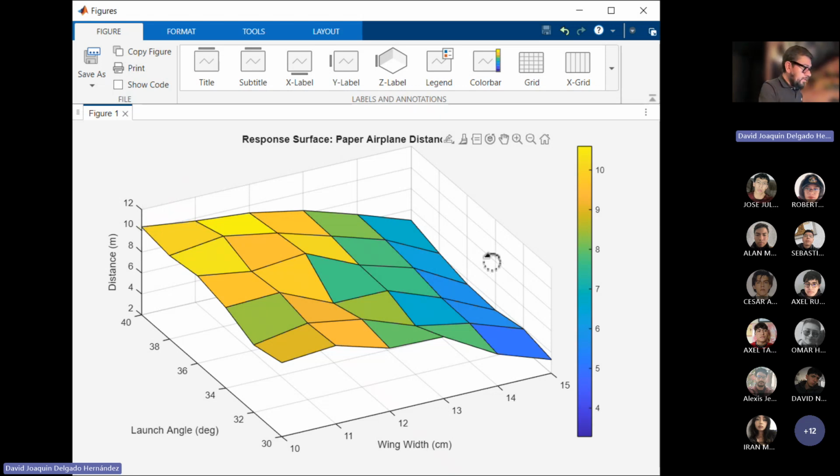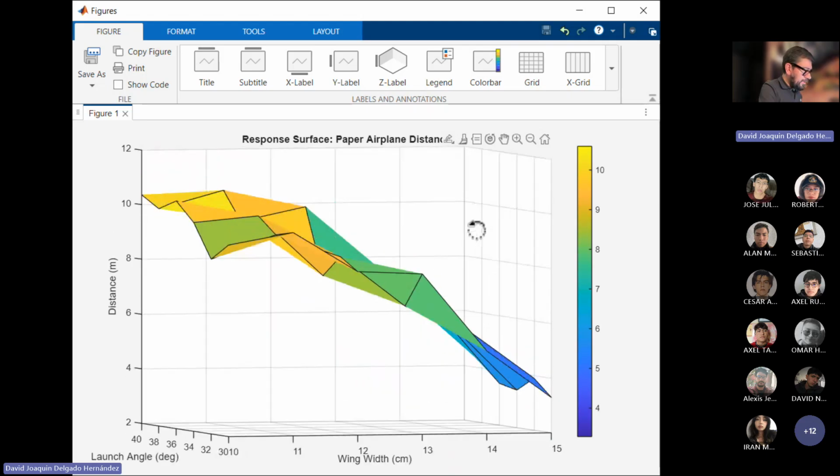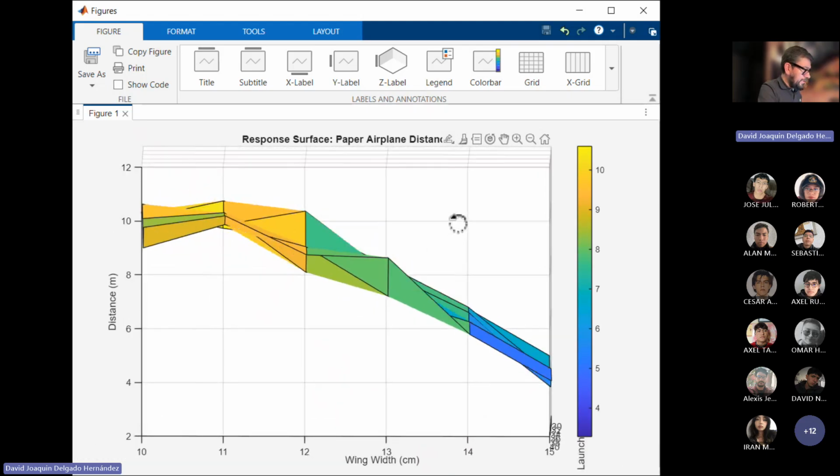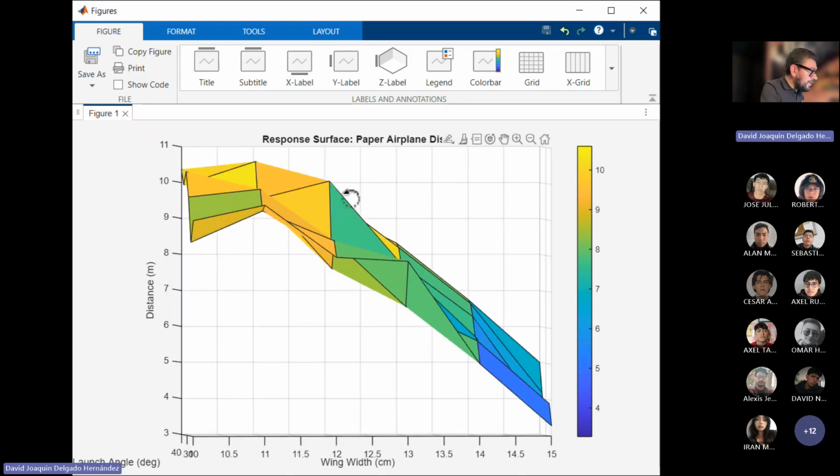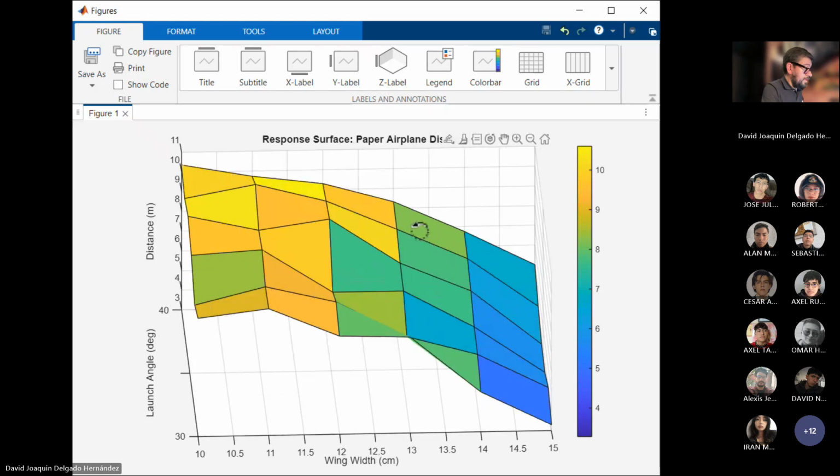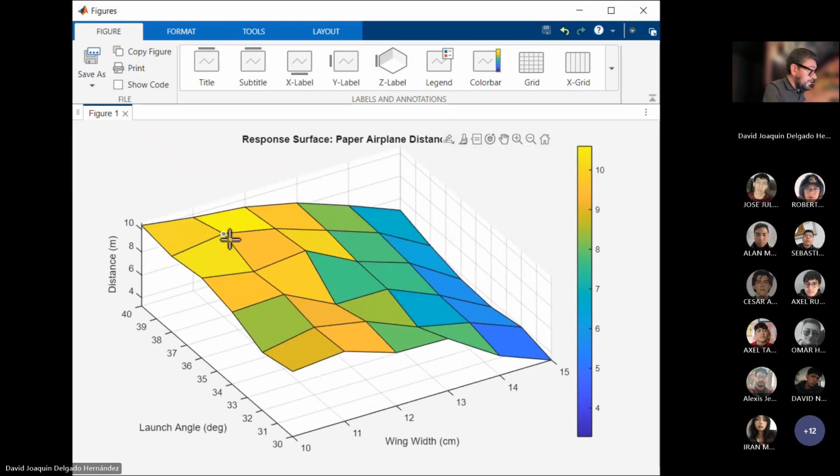Okay, so which one is the maximum value? Let us see. I think that it is this point or this one. This one. It is 10.59. This is the best combination, okay, in this experiment.